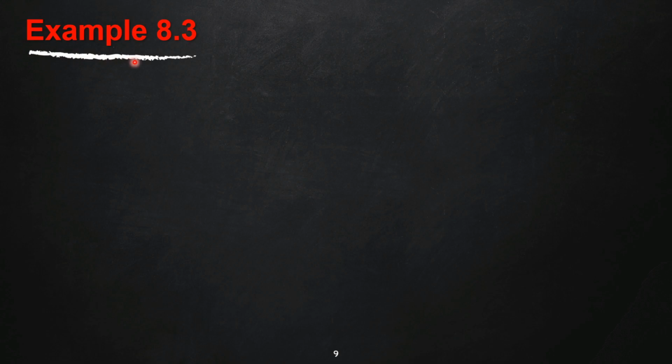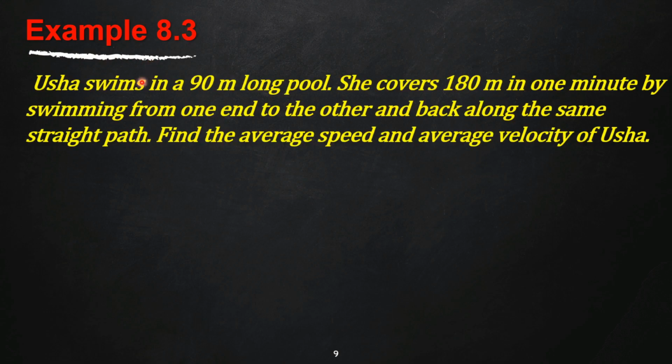Consider next example 8.3. Usha swims in 90-meter long pool. She covers 180 meter in 1 minute by swimming from one end to the other and back along the same straight path. Find the average speed and the average velocity of Usha.